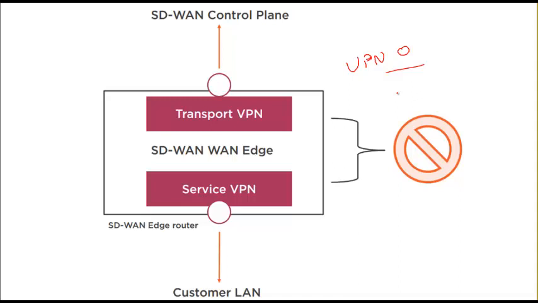Now, VPNs can also be enabled with features such as OSPF, BGP, VRRP, QoS, traffic shaping, or traffic policing. So you can have these features in VPN.